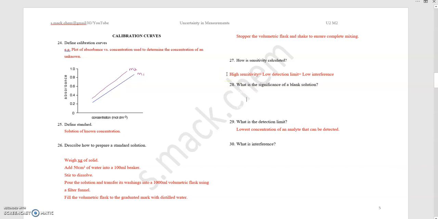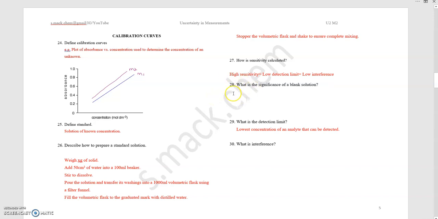Now, when a blank solution is run, let's say in our case, our UV-vis spectrophotometer, if the blank solution gives a reading, that means when we perform our experiment, we would deduct the signal created by the blank solution from our experimental values. So, for example, if you determine absorbance for your different standard solutions, you would deduct the absorbance of the blank solution, and these values we would refer to as corrected absorbance.